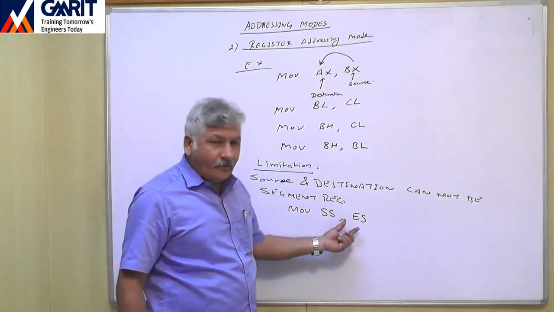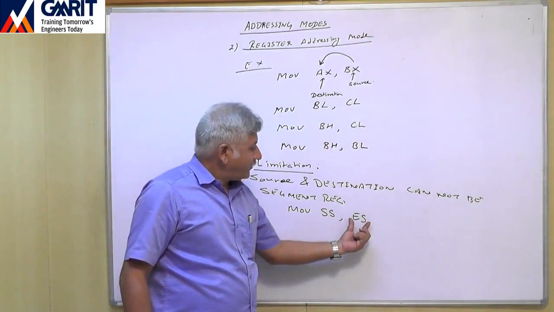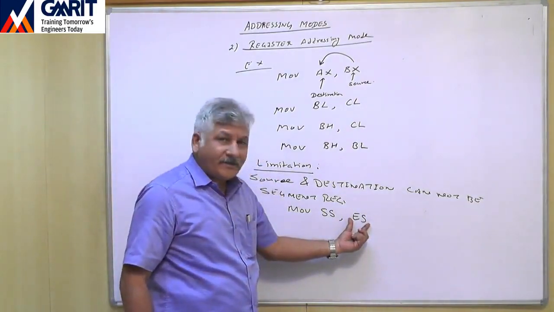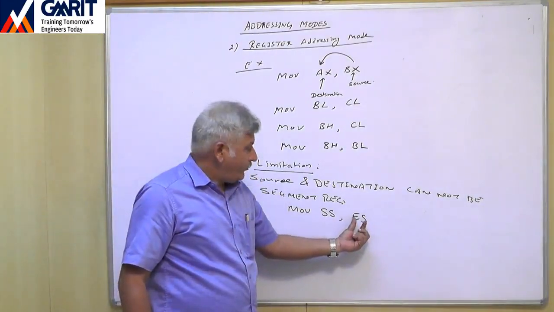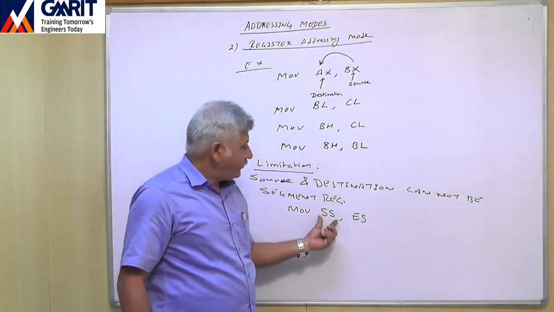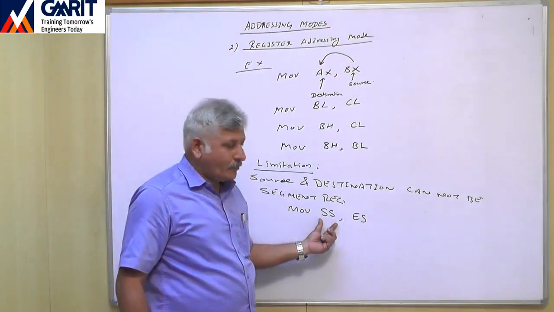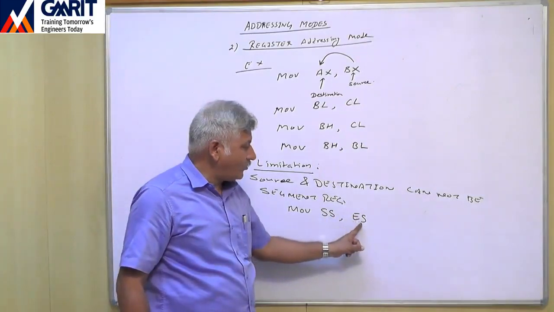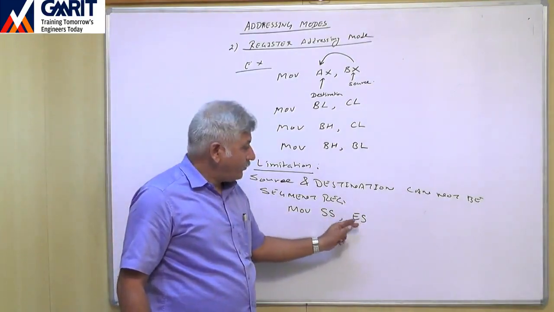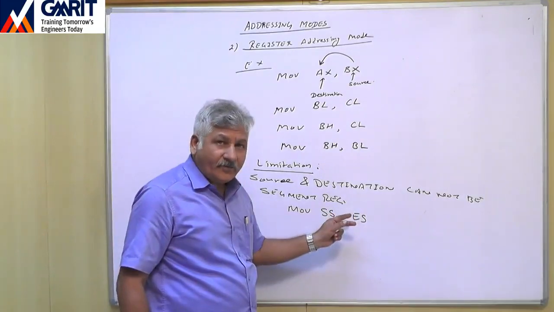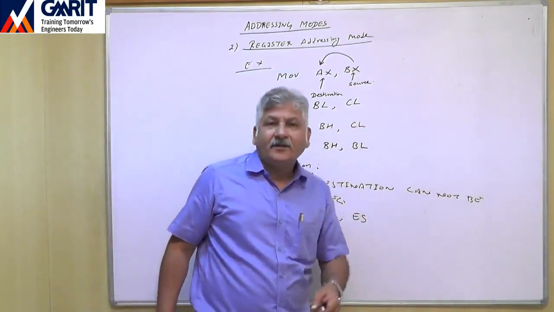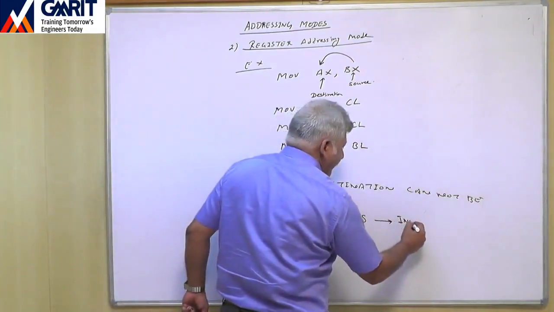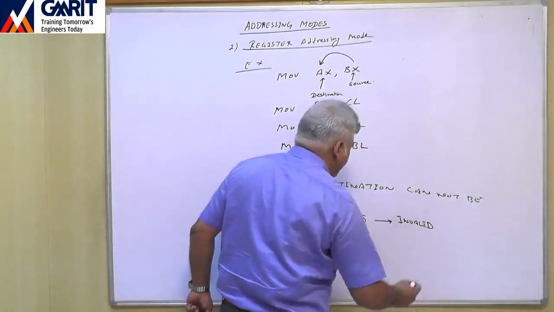So here what we are trying to do, the 16-bit value of extra segment register, we are moving it to stack segment register. So here our destination is stack segment register and source is extra segment register. So source and destination both are segment registers. That's why this instruction is invalid. We cannot use this instruction.